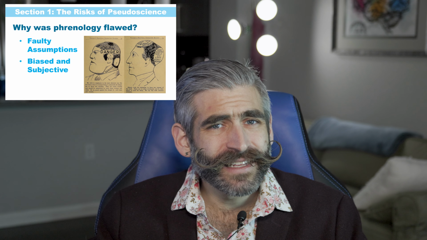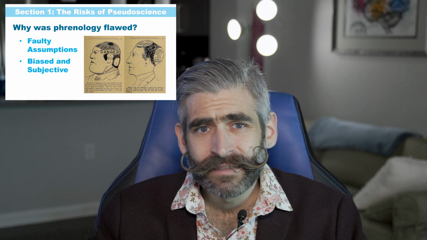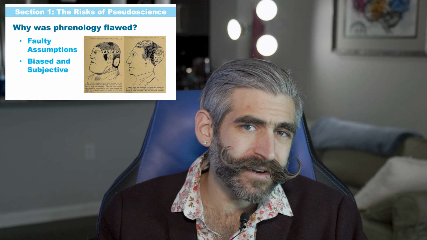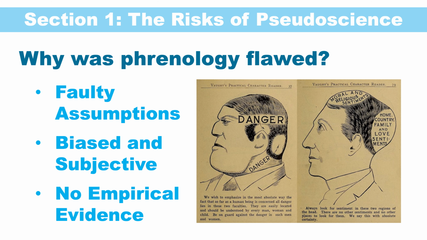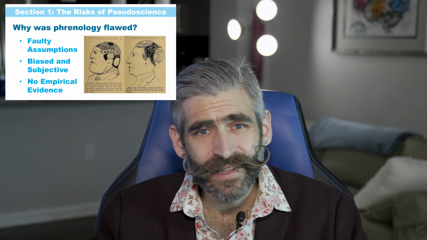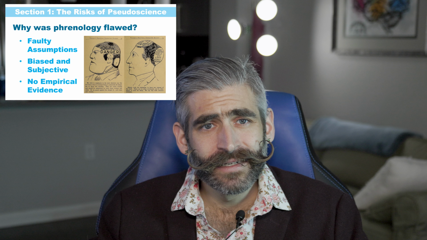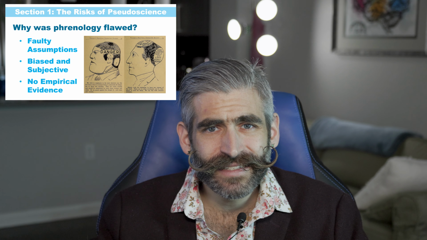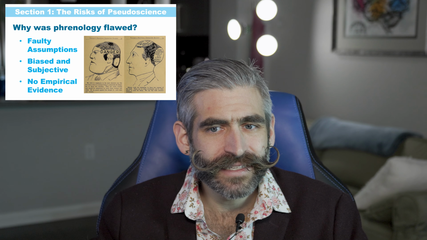Assessments often reflected the biases of the practitioner. For example, phrenologists might find traits that aligned with social stereotypes of the time. And finally, there was no empirical evidence to support phrenology. Phrenologists didn't have reliable data to support their claims. Their conclusions were based on anecdotes and subjective observations, not systematic experiments.